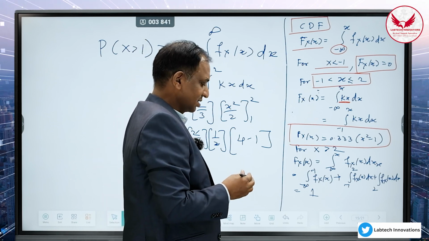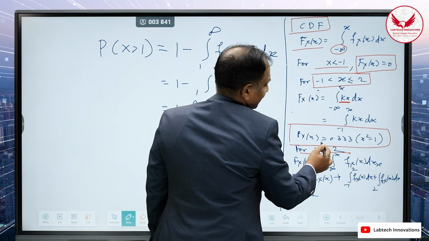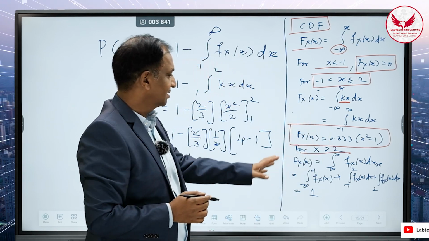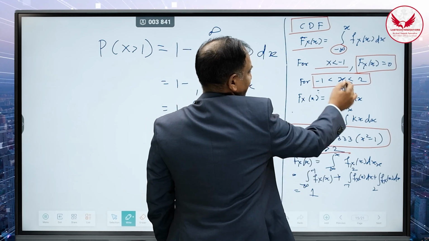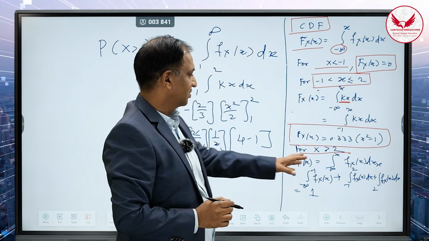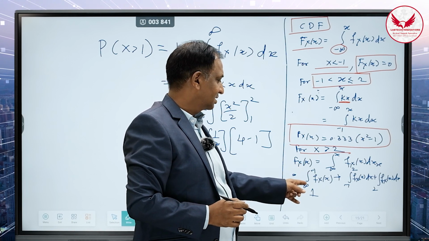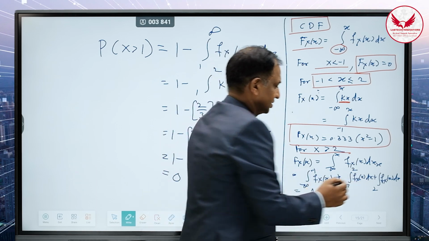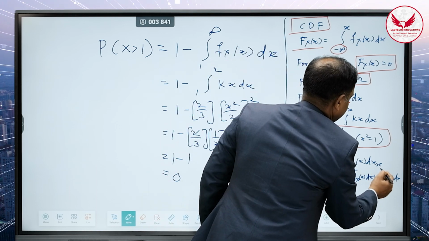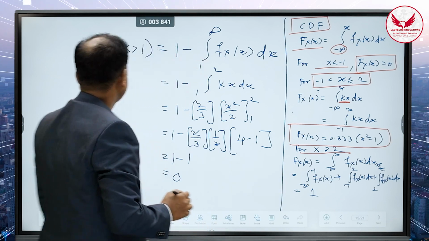Third, they have asked to find out the CDF for x greater than 2. Again, you can take the lower limit, the formula being minus infinity to x. The different limits for the integration will be minus infinity to -1, then -1 to 2, and then 2 to x. If you find this out, Fx(x) will come as 1.